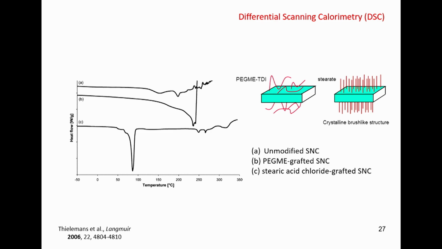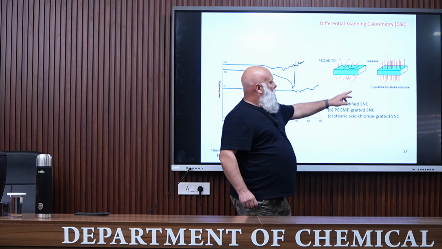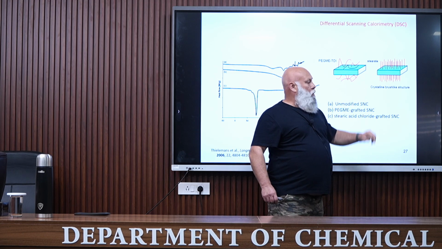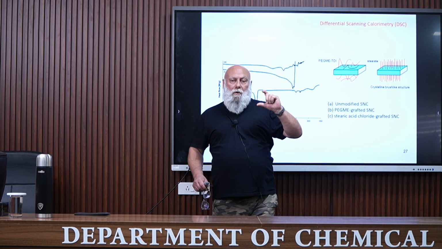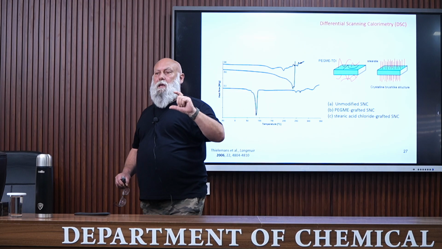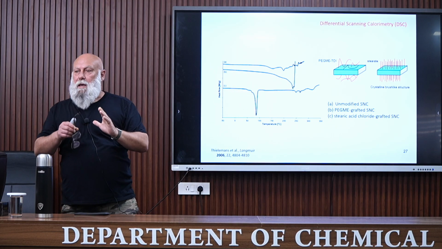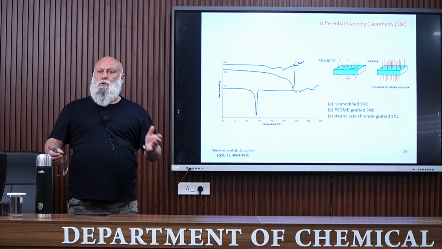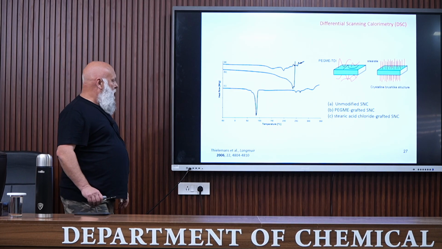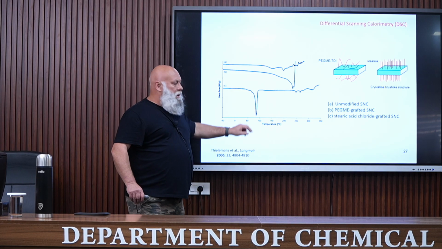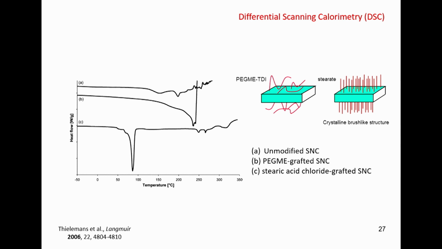It corresponds to the melting of this crystalline brush-like structure with graft chains which are long enough to crystallize. Of course the structure is similar to polyethylene, but you can see that the melting point is lower than for polyethylene.